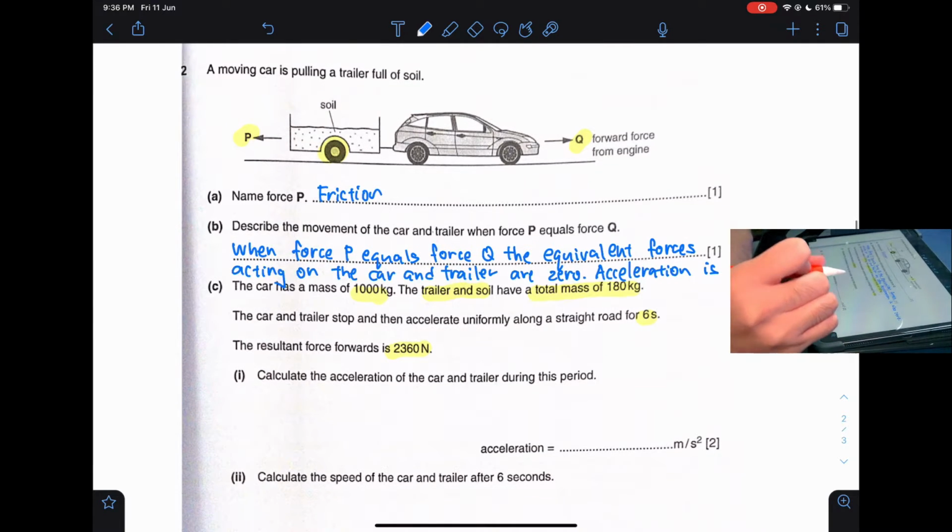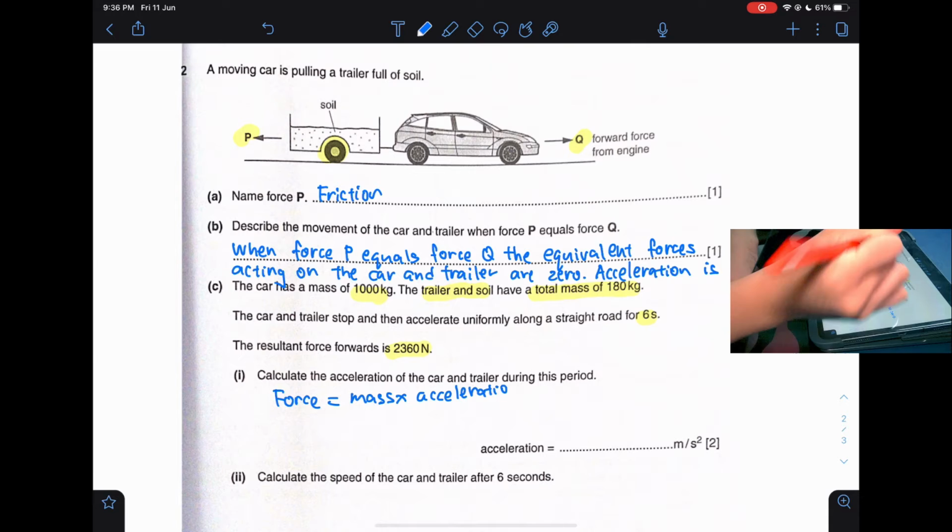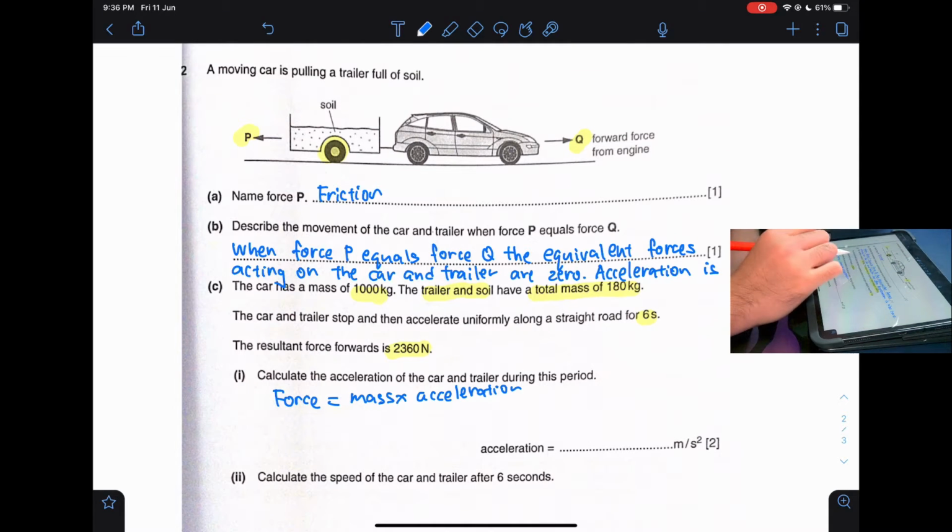So we need to make use of this key formula of force equals mass times acceleration. We are given that the mass of the car is 1000 kilograms and the mass of the trailer and soil has a total mass of 180 kilograms.